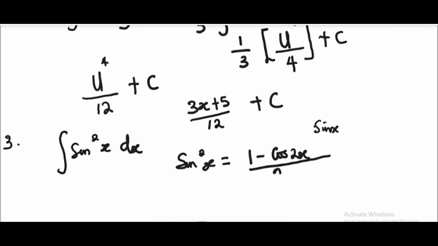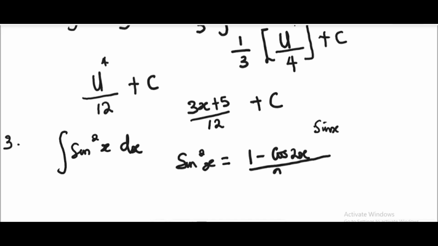So now, if sine squared x is 1 minus cos 2x over 2, it will mean that the integral of sine squared x with respect to x will be equal to the integral of 1 minus cos 2x over 2 with respect to x.